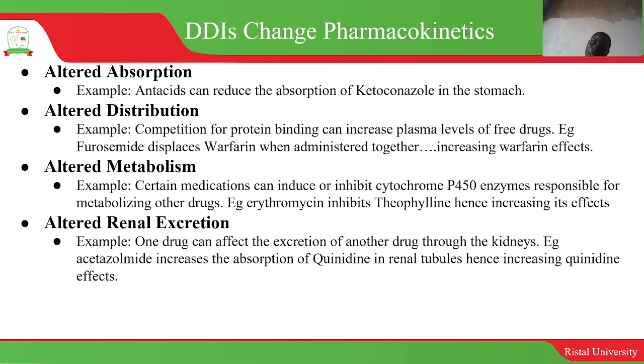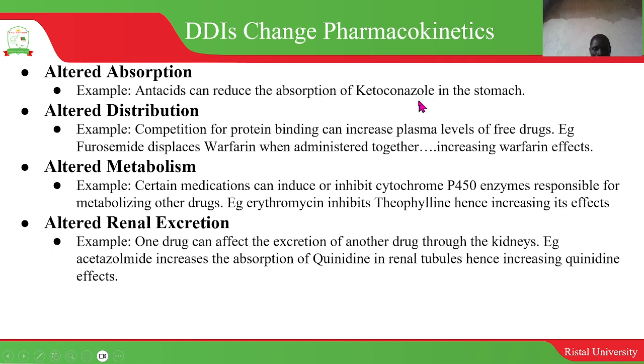But in a situation where someone is already suffering from peptic ulcer disease and is already taking antacids, trying to reduce the pain caused by the ulcer, and at the same time we might be treating him or her for a fungal infection by giving ketoconazole, and all these drugs are taken at the same time, there will be reduced absorption of ketoconazole because the acidic medium will have already been countered by the antacids to make it a bit alkaline. So this is how absorption can be altered.